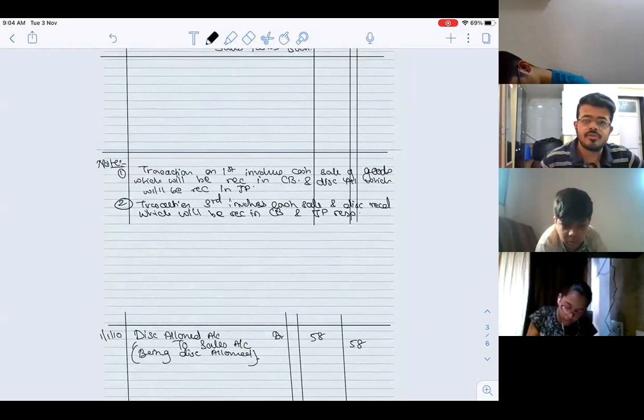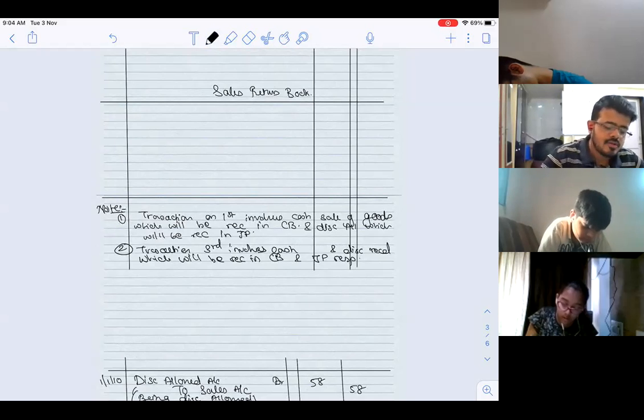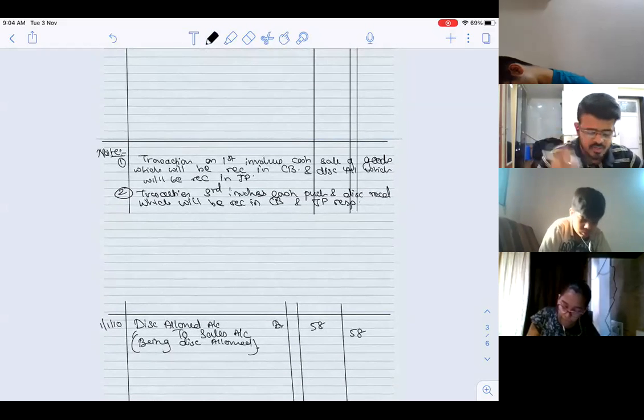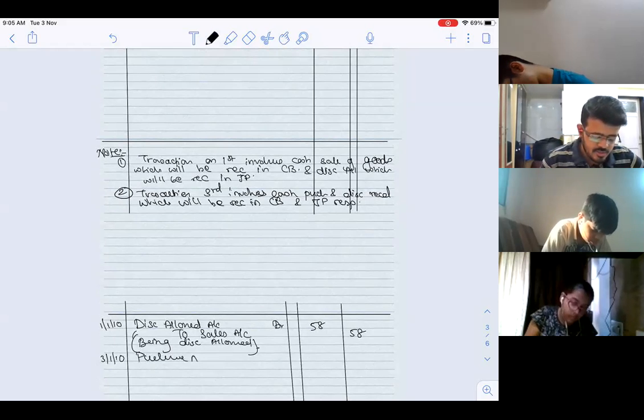What happened, Moksha? कैश परचेज आएगा ना. हाँ, cash purchase, sorry. Cash purchase and discount received, which will be recorded in cash book and JP. And JP में क्या आएगा? Purchase account debit to discount received account.